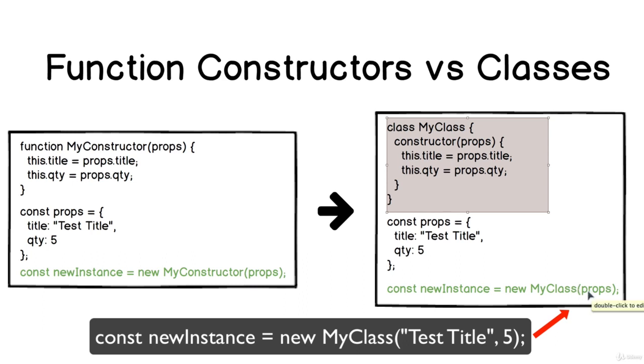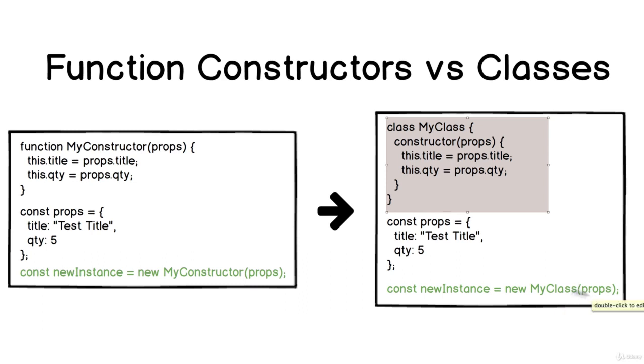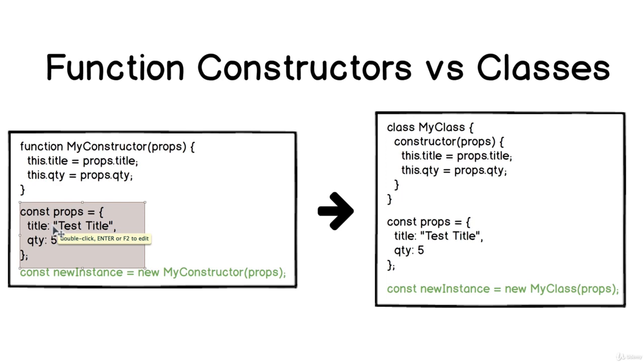But it's a good practice to use a separate object with properties for every instance that you create using either classes or function constructors. That's why in this course I show you only this way. In all previous examples and in the next examples there is a separate object with properties for the instance, and I simply pass this props object to the constructor function or ES6 class.